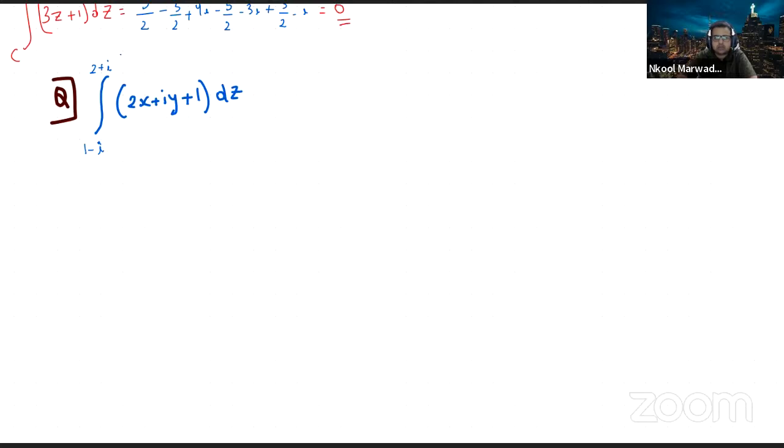So the limits which are given to us, we can break these limits into points, because these two numbers are complex numbers. I can write them like this. z1, which is the lower limit, is 1 minus i, and z2 is 2 plus i.